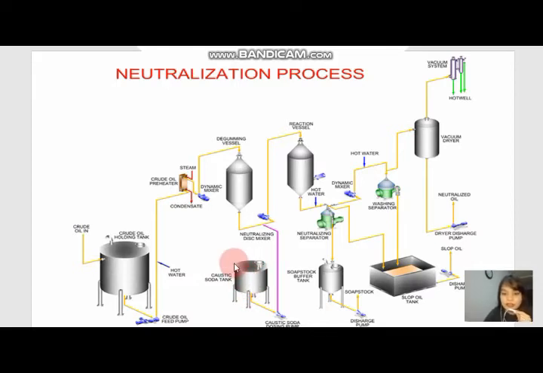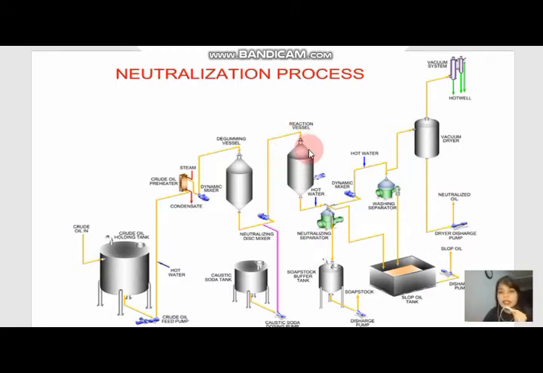The caustic solution will be pumped into the neutralizing mixer to mix with the non-hydratable gums oil, which is mixed with the free fatty acid oil. Then this oil phase will be passed through the reaction vessel, where many chemical reactions occur inside it.